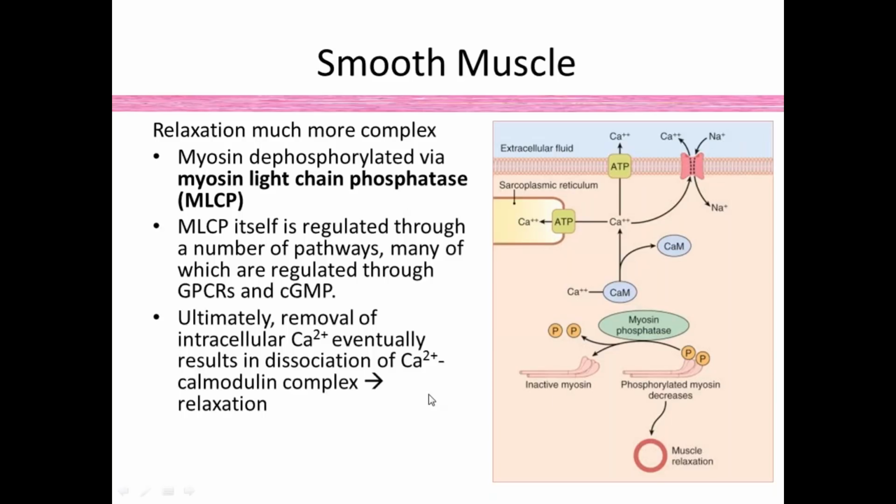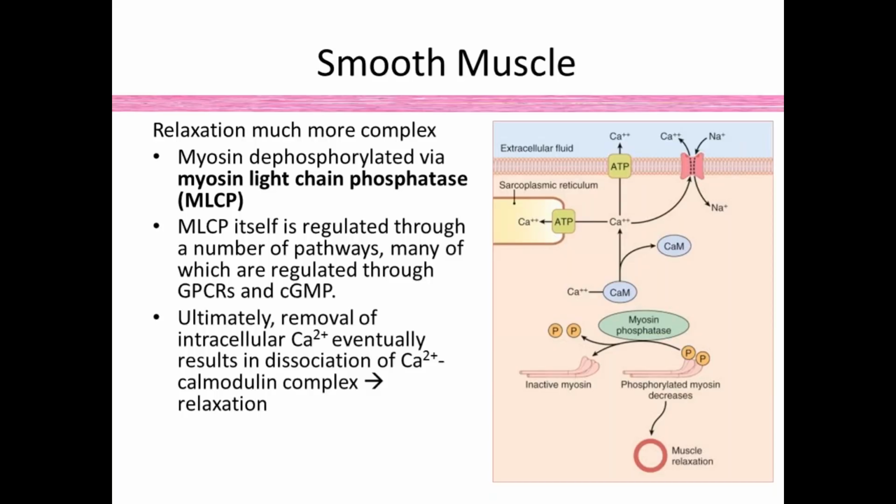Here we're dependent on the calcium leaving, but we're also dependent on myosin being dephosphorylated. And that is done by the phosphatase. So again, a very long name, myosin light chain phosphatase, which takes the phosphate off. And now that the phosphate is removed, the actin and the myosin can't interact appropriately anymore, and they will detach. The activation of the myosin light chain phosphatase is the portion that we don't really fully understand.